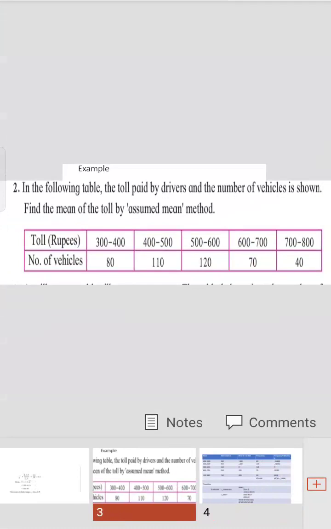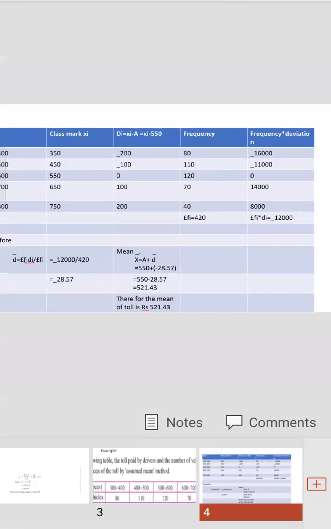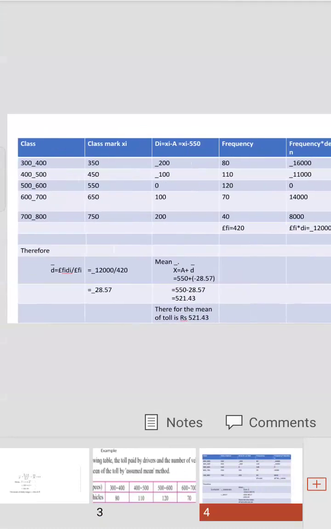To solve the given example using the assumed mean method, we prepare the table. In the table we draw five columns: in the first column write the class, second column class mark, third column di, fourth column frequency, and fifth column frequency multiplied by deviation.